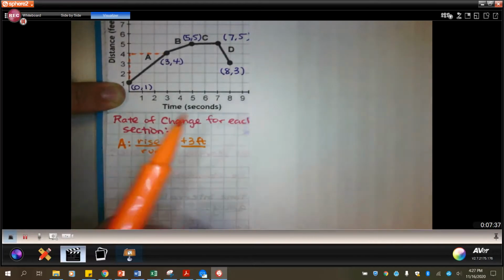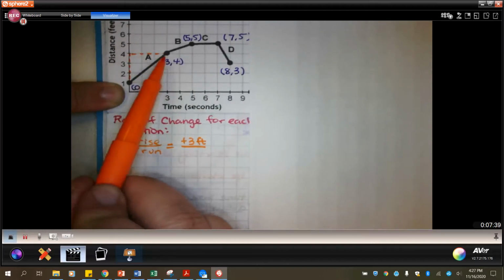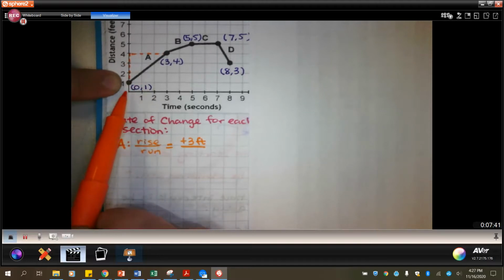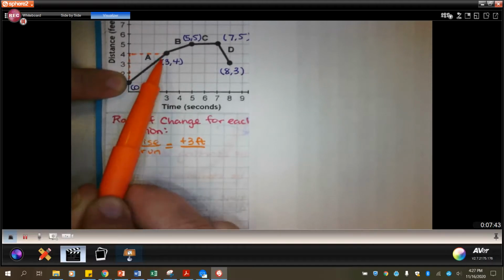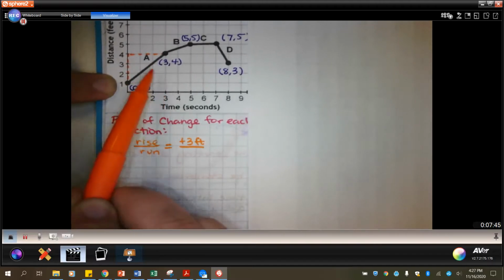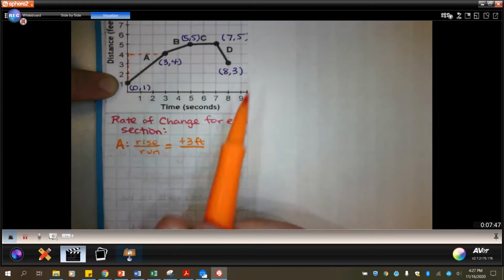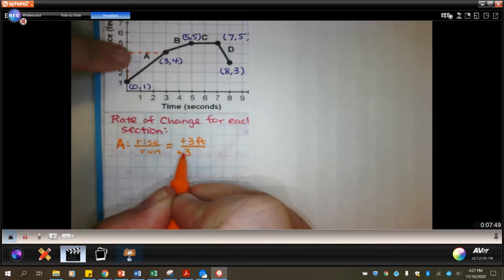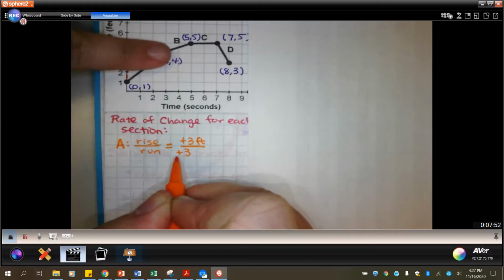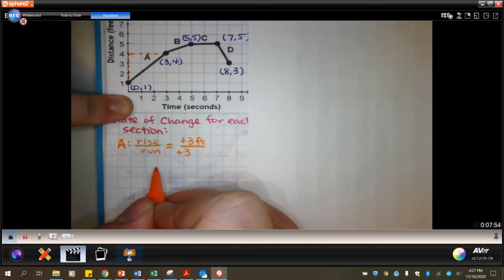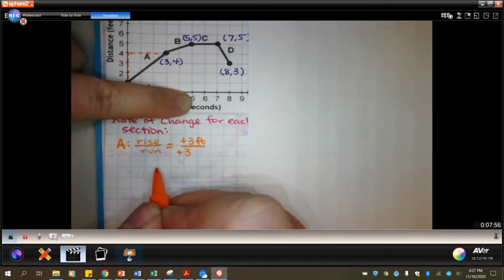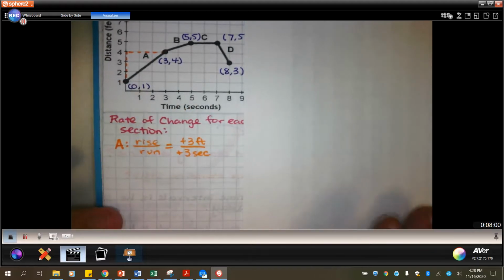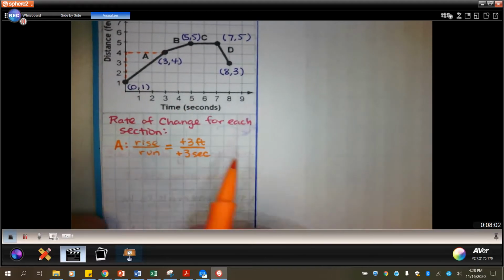Okay? Now this other part, the horizontal movement, is over from 0 to 3, right? Because we started at the 0 and we went over. So that is also 1, 2, 3. So plus 3. And because that is parallel to the x-axis, that is time in seconds. So we're just going to write 3 seconds. Okay, now we actually do the math.